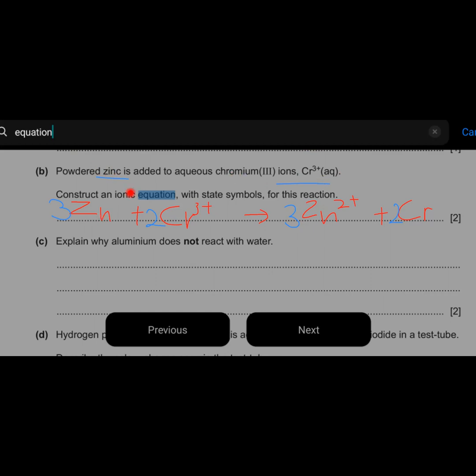This one oxidizes and this one is reduced. Now, identifying that for the paper. That was another ionic equation. Different types of ionic equations are there.